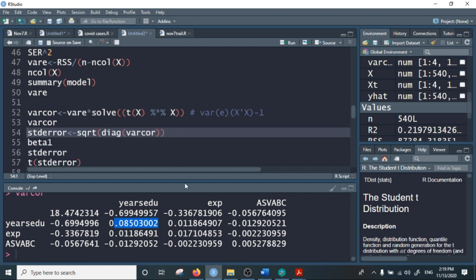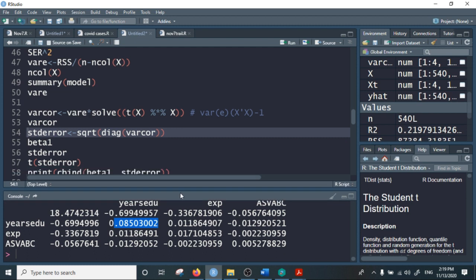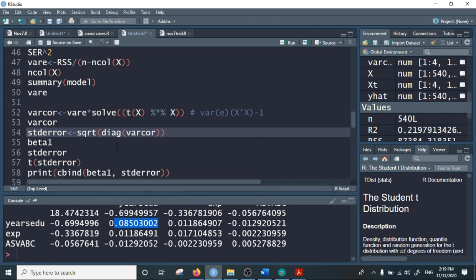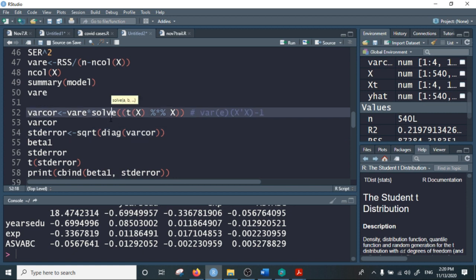So we can extract these diagonal elements and find the standard deviation simply by the function square root and then diagonal of the variance covariance matrix, which we have defined in the line above.